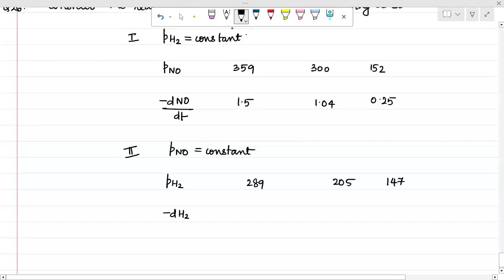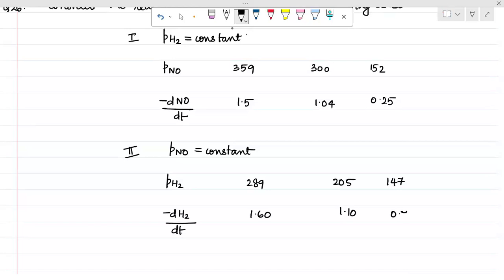Changes in concentration of hydrogen with time is also given as 1.60, 1.10, and 0.79. The question is, find the order of the reaction with respect to NO and H2.